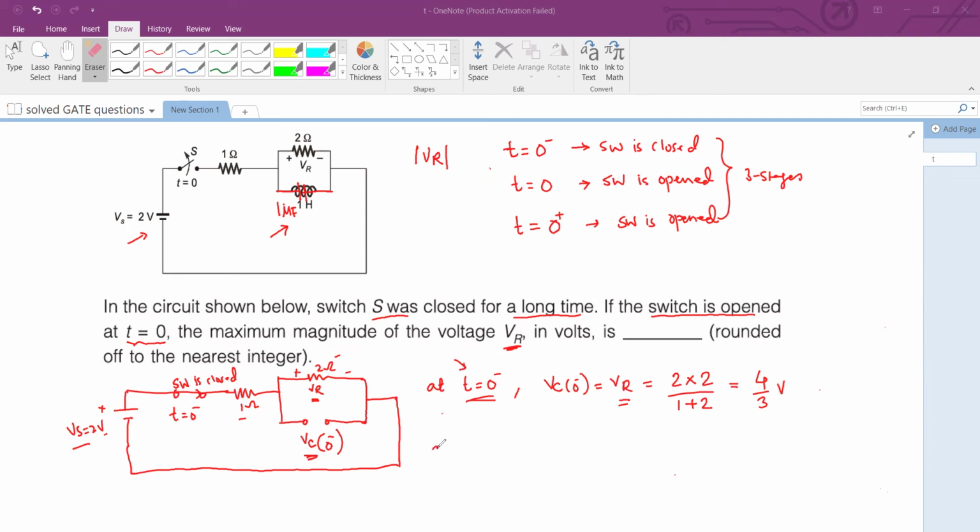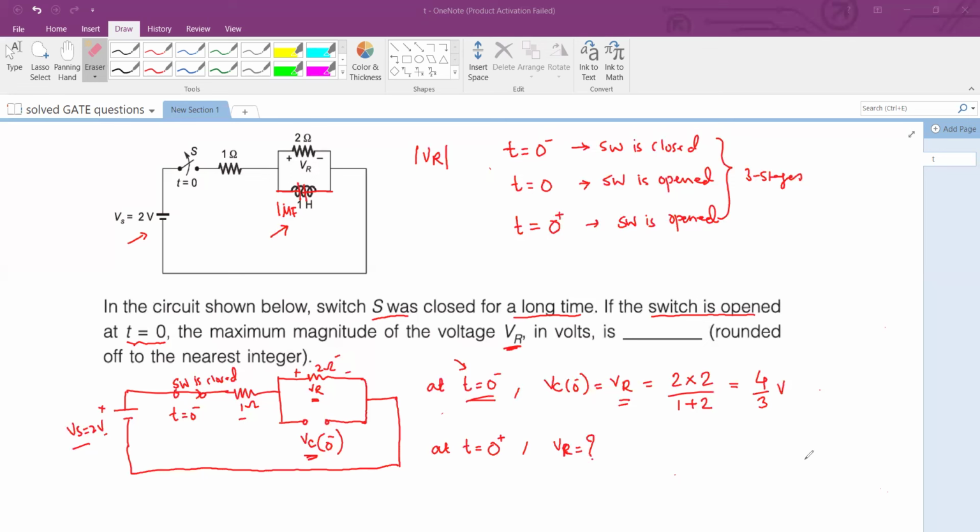Now at t equal to 0 plus, momentarily, let's see what the voltage is. I'm just going one step ahead. At t equal to 0 plus, the switch has now been opened, and we can calculate VR, which is what we want to know.